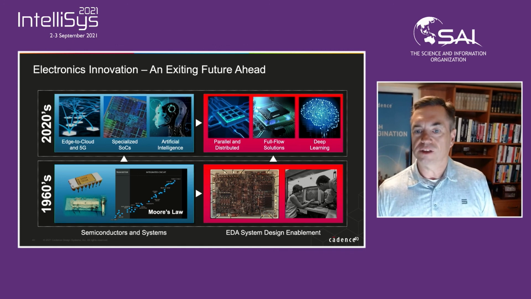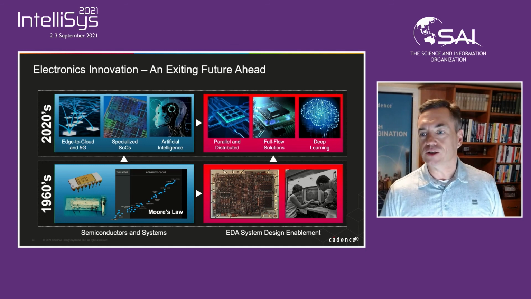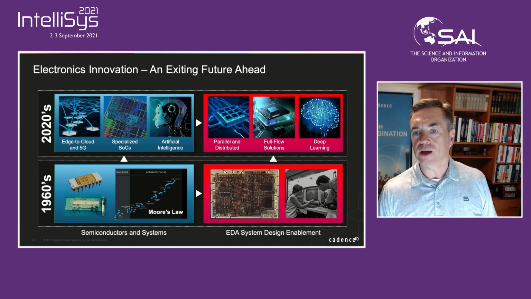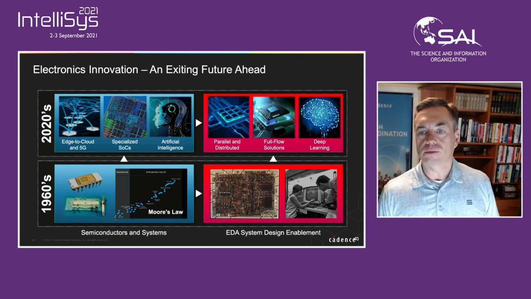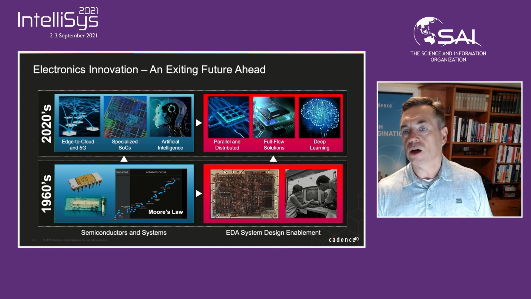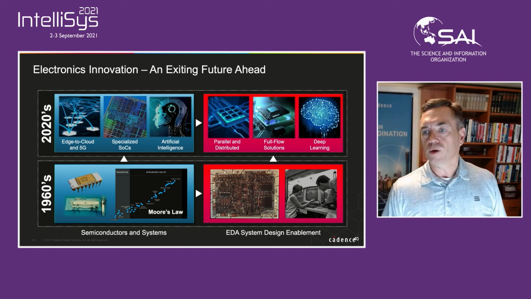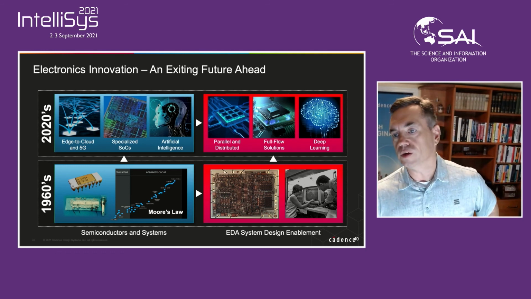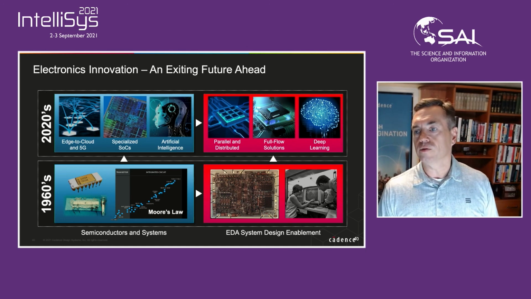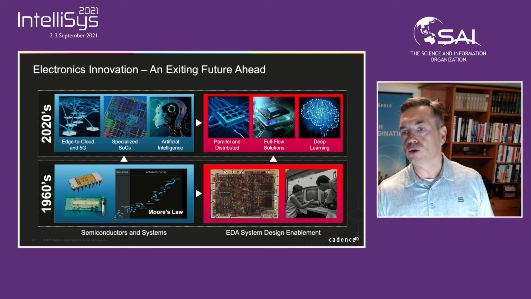flows. And this is just the last 60 years where we went from the original invention of the transistors and initial manual implementation of EDA enabling all this, where we are now from edge to cloud, 5G, we're talking about 6G, specialized SoCs, artificial intelligence, chips and systems enabled by these development flows we at Cadence are very involved in, with parallel and distributed compute solutions like the implementation flow and the verification flow I showed earlier, which are really a full flow, if you will, and then deep learning to optimize all that.